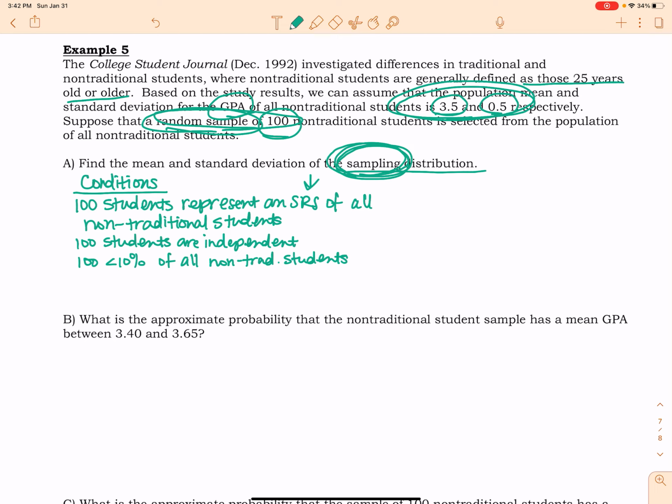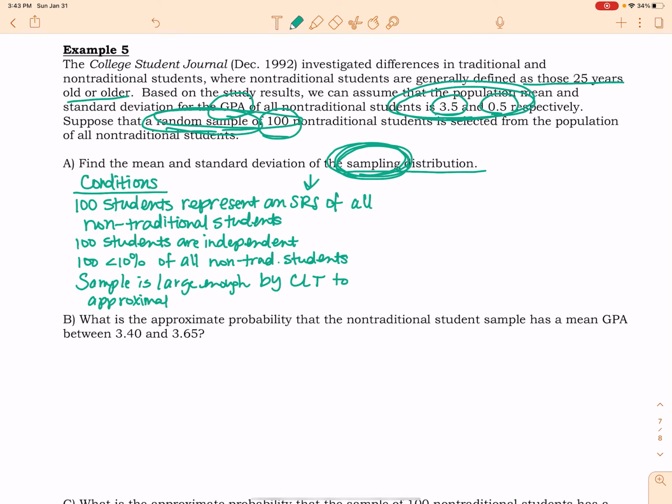And clearly 100 is larger than 30. So what I'm going to write is that my sample is large enough, according to the central limit theorem, to approximate normal.